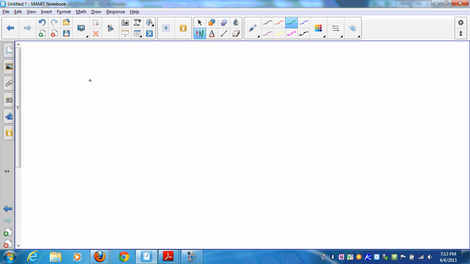On 25, I'll give you a little hint on this one. 25 is a definite integral from 1 to e squared of ln squared of x over x dx. So anytime you have a complicated integral, think about the u substitution.